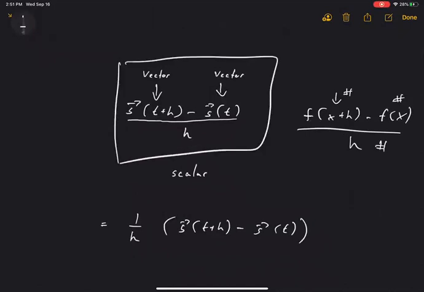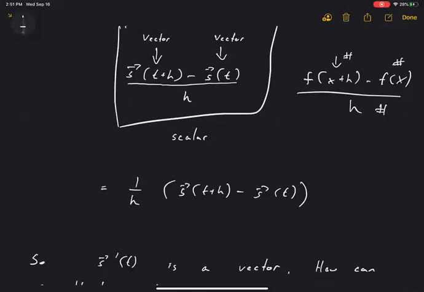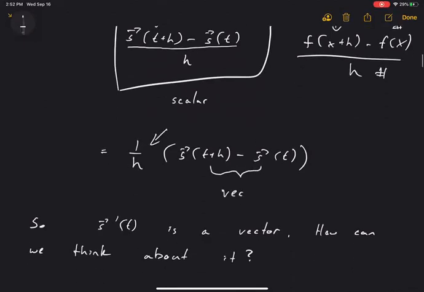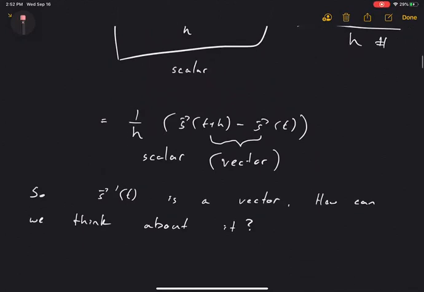Think about it like this: pull the h out front. Now this is just 1 over h, that's still just a number. And what's going on in parentheses? We have one vector minus another. Well, we can do that, so this is just a vector. And then I'm multiplying by this. What is this? This is a scalar. So really this fraction is just a vector times a scalar, and there's nothing wrong with that. So maybe it helps to think about it in this format.